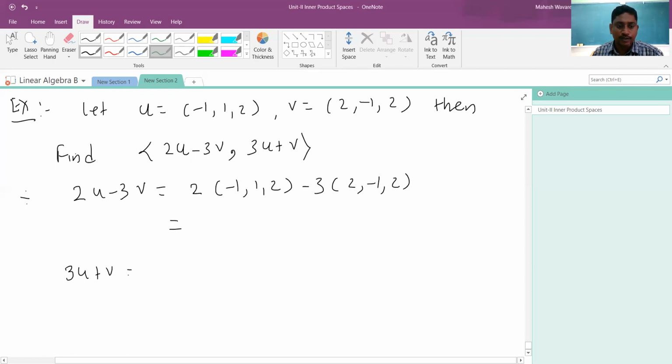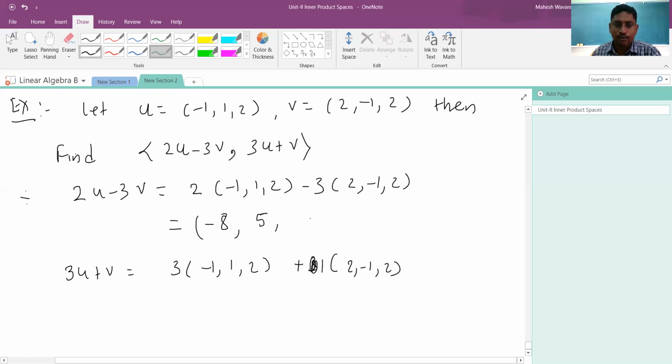And 3U plus V is 3 times U, plus 1 times V, sorry. V is 2 -1 2. After simplification, 2U minus 3V gives -2 minus 6, it should be -8. Then 2 plus 3, it should be 5.